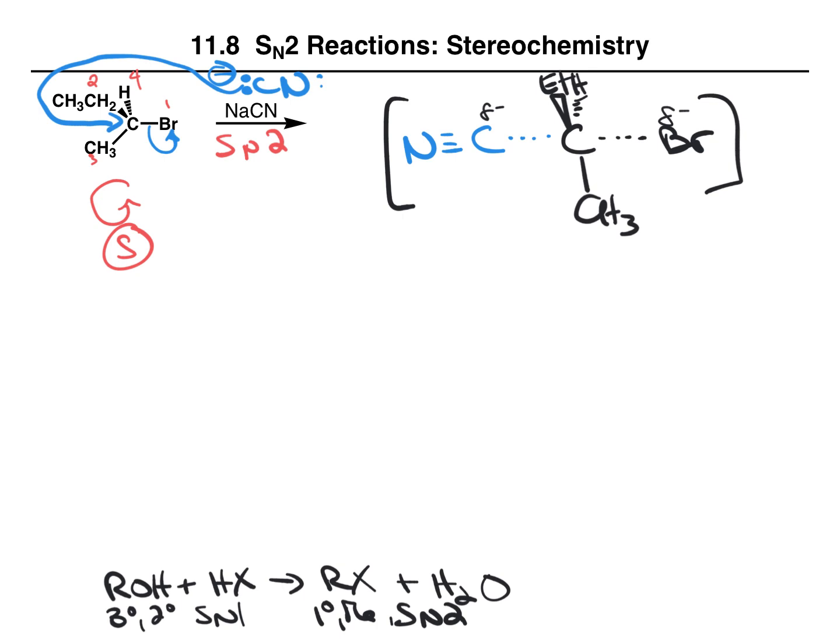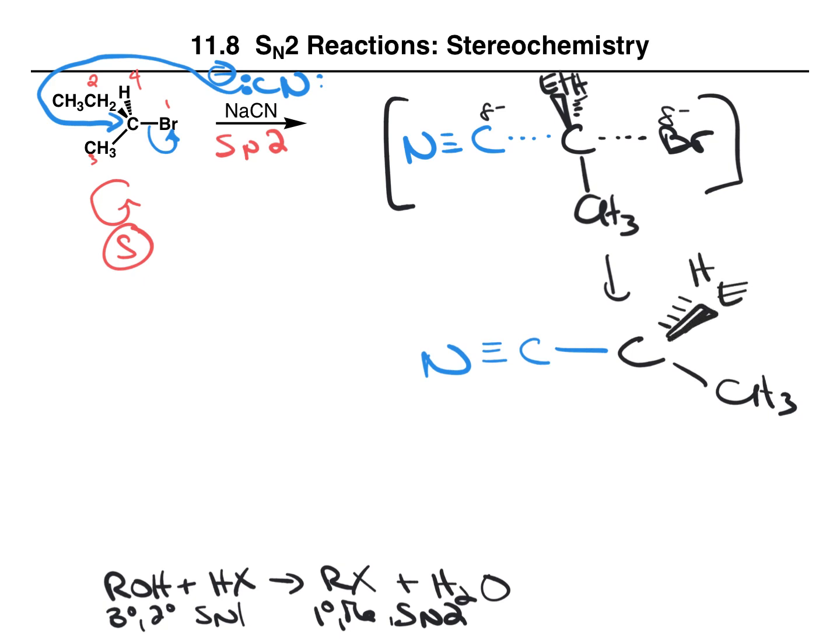Now this will continue so that these groups will continue to move to the right side as this bond is broken and as this bond forms completely. So here we end up with our carbon connected to our carbon, and here is our methyl group, hydrogen and ethyl group, plus Br minus.